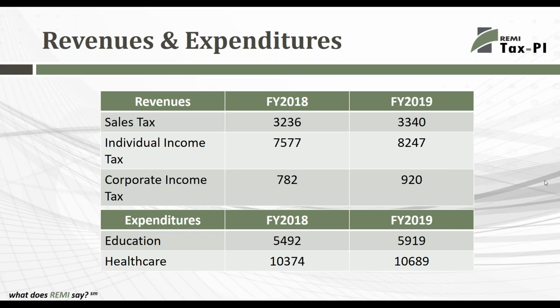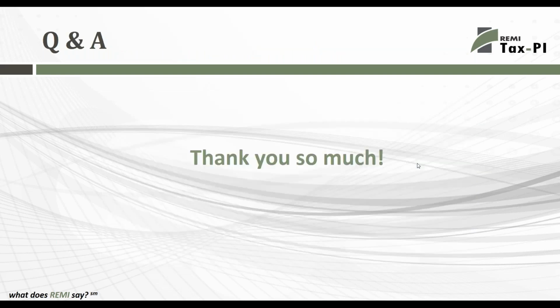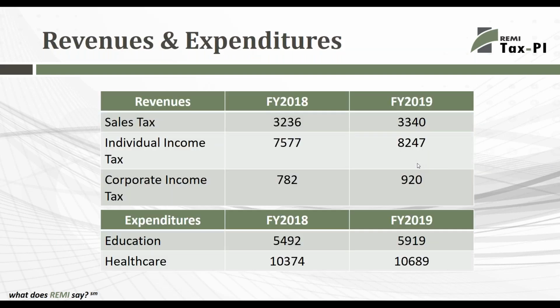I believe these numbers come from the Colorado General Assembly, so I'm going to use these numbers. Later, you can try your own by plugging these numbers into the model as well. So I just added these numbers on this slide. Okay. All right, then. After this, I will have Q&A time.